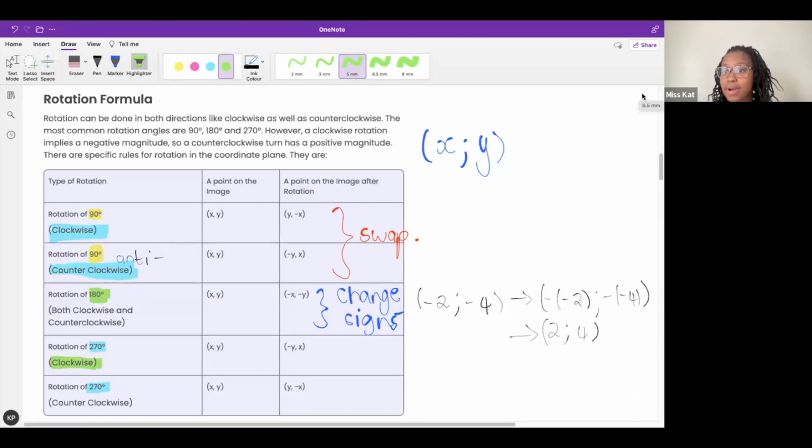With the, yes, Bokang? With the rotation of 90 degrees. Which 90 degrees? Remember, there's two of them. Is it 90 degrees clockwise or counterclockwise?